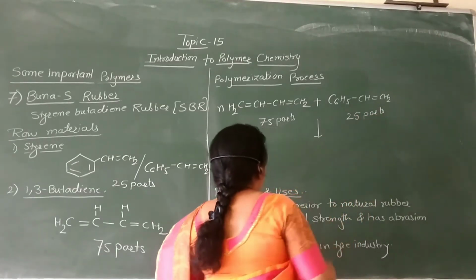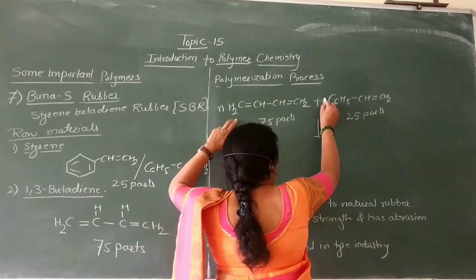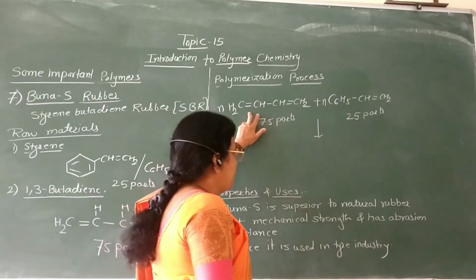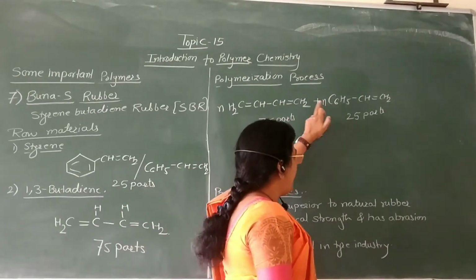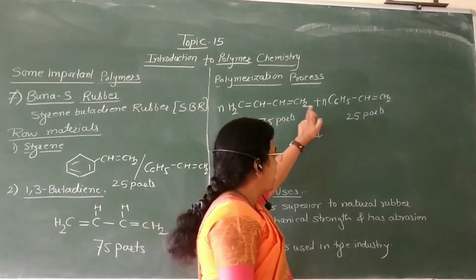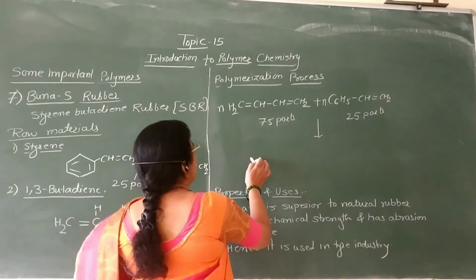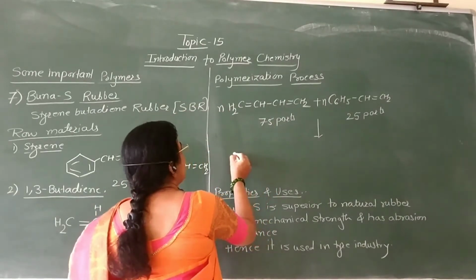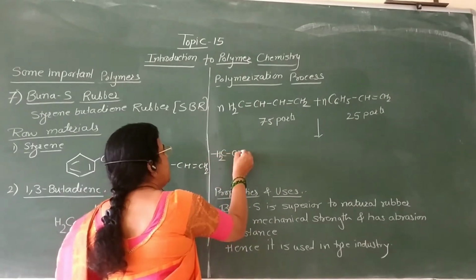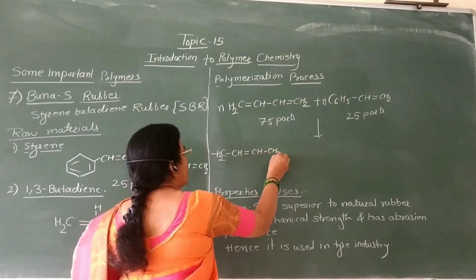Now here, polymerization between first two 1,3-butadiene takes place, then this styrene gets added into the 1,3-butadiene to form Buna-S or SBR rubber like this: CH2, CH=CH, CH2.